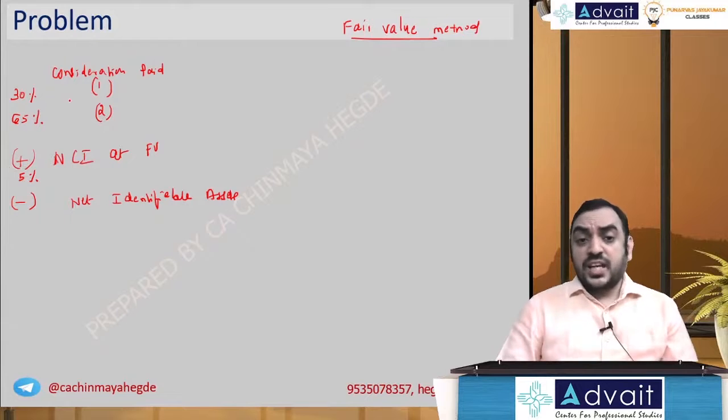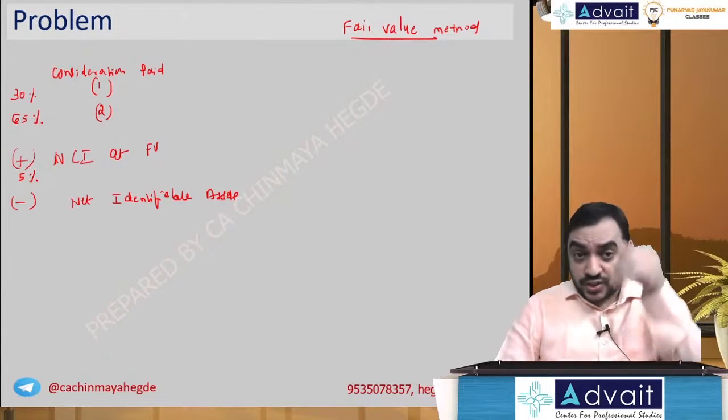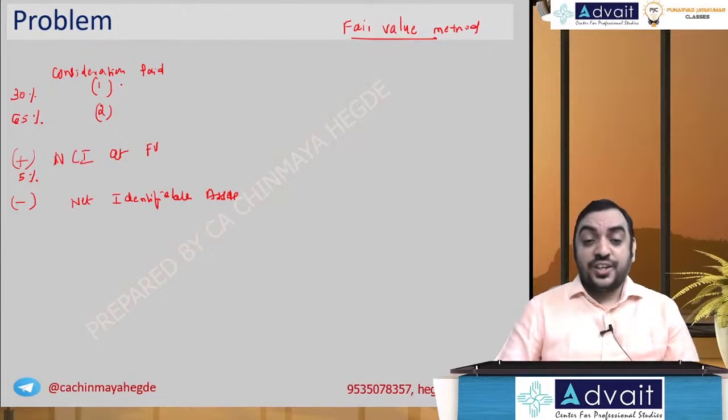Now, this 30% acquisition, you had acquired at a cost. Don't go for the cost. You should go for today's fair value. So, first one will be fair value of previously held equity interest.